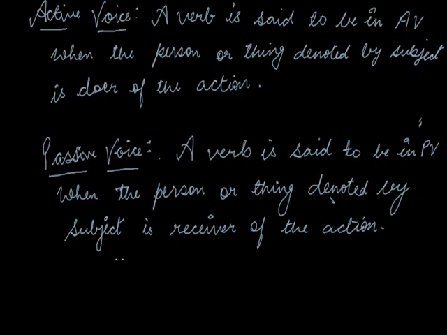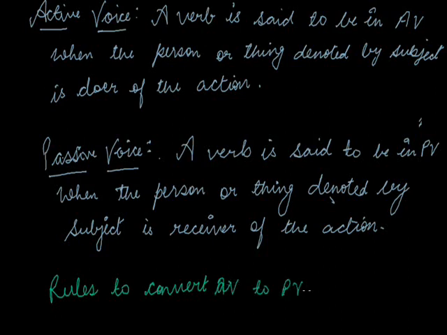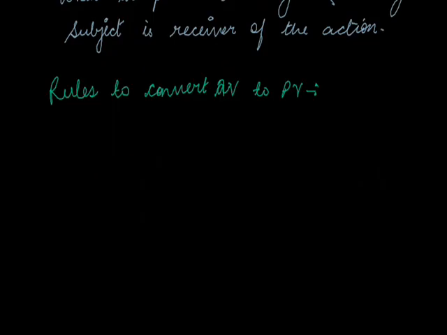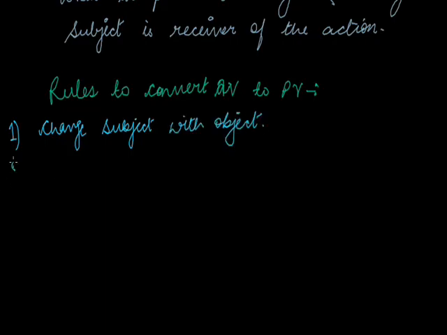Now, this was all about the definition part. Now, let's move on to the rules to convert an active voice to passive voice. Rule number 1: change subject with object. Next rule is change object with subject.